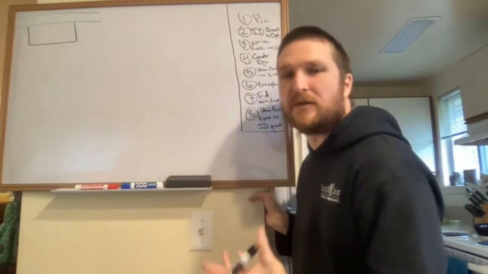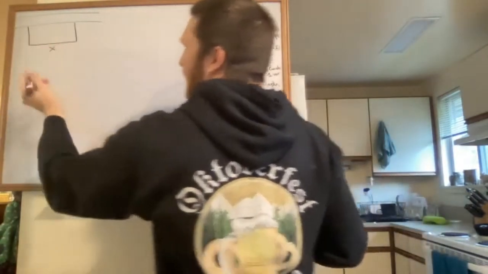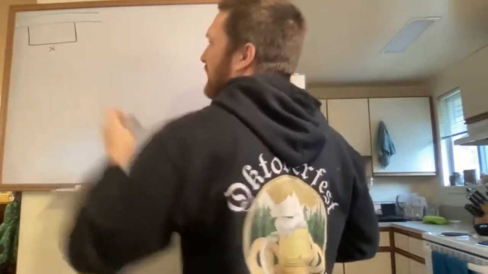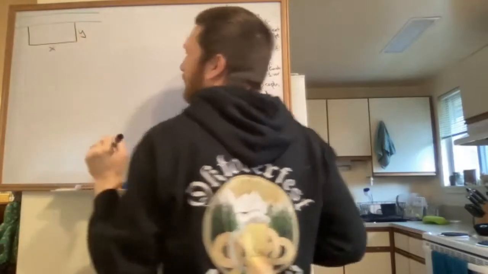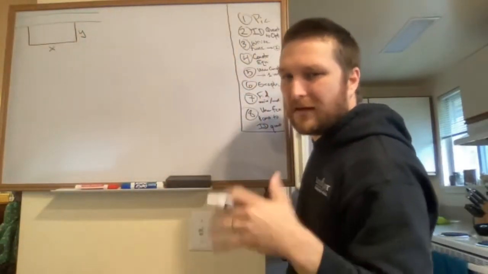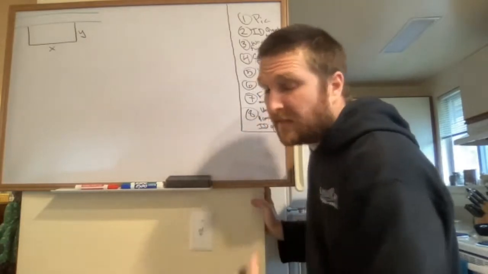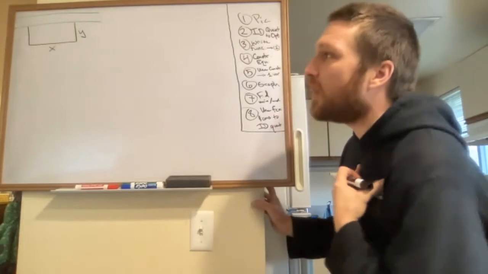So this right here is X. I'm going to say that the width here is X and the height is Y. If you prefer L and W or H and W, that's fine too. There's no difference between anything we're going to do. I just prefer X's and Y's, so that's what I'm going to do.